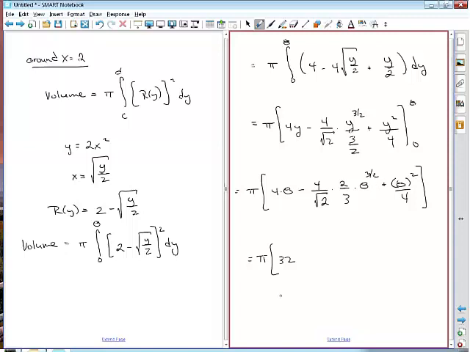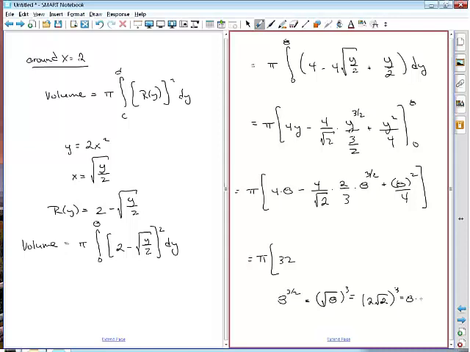Let's go down here to do this 8 to the 3 halves. How do we do that? Well, you could say it's the square root of 8, so this is the same as the square root of 8 cubed. And the square root of 8 is 2 times the square root of 2, cubed. So 2 cubed is 8.